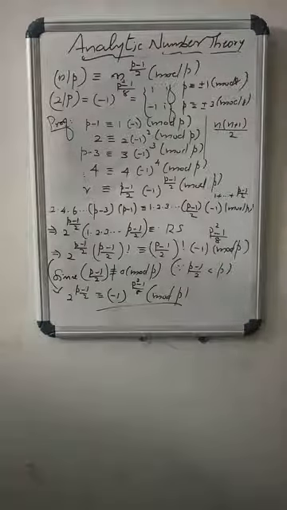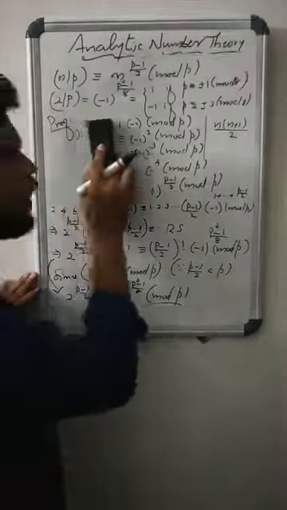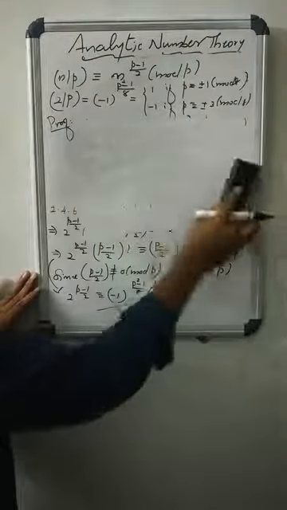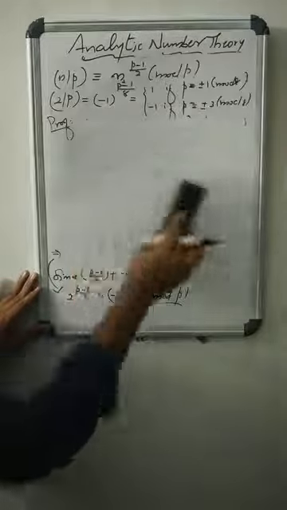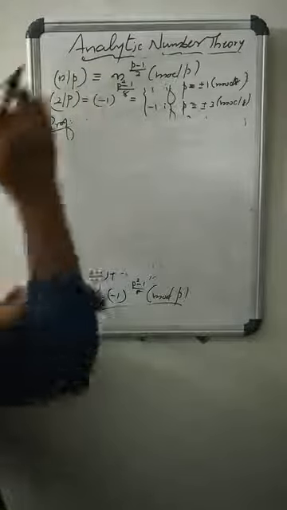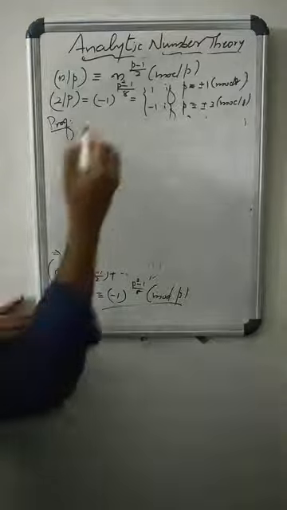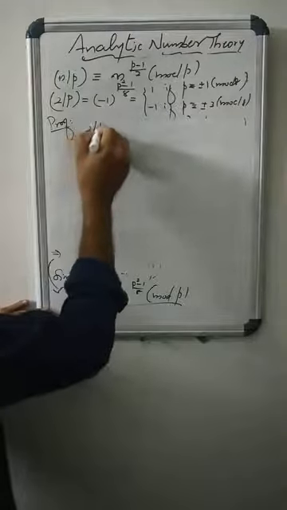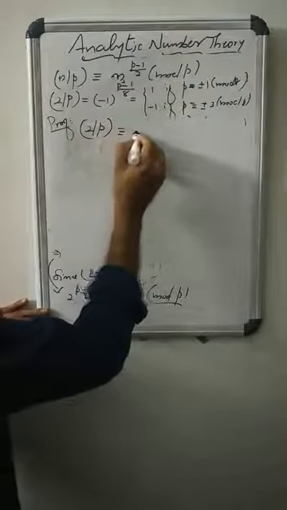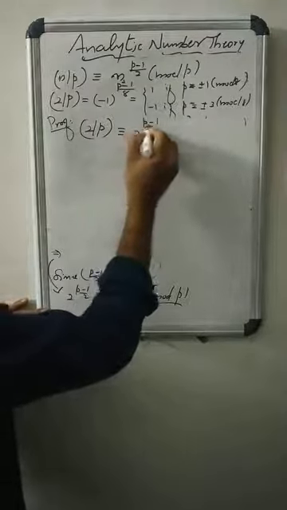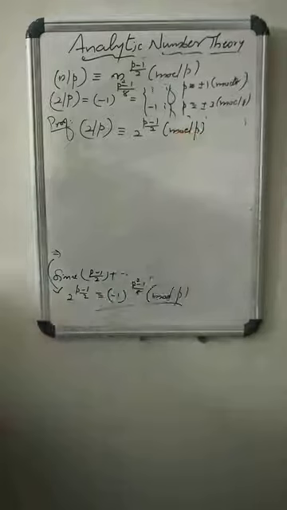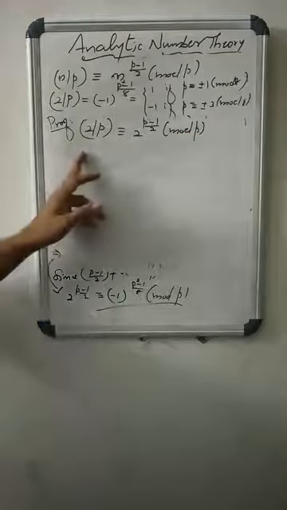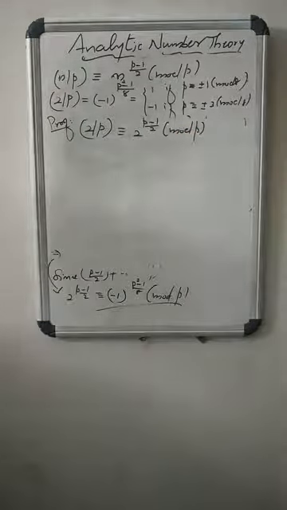Now consider Euler's criterion. What is Euler's criterion? Euler's criterion says that for any odd prime p, (n/p) is congruent to n^((p-1)/2) mod p. So we have (2/p) congruent to 2^((p-1)/2) mod p.